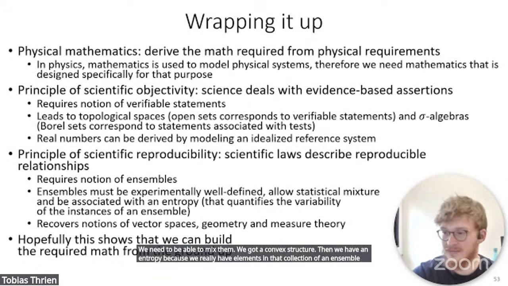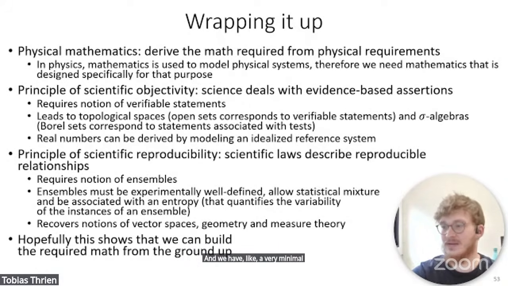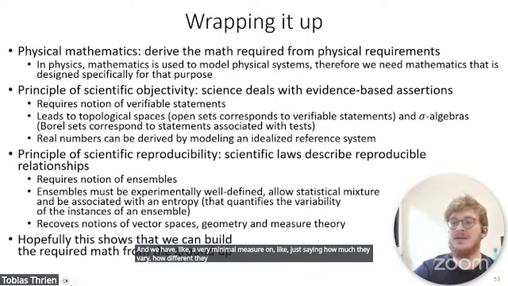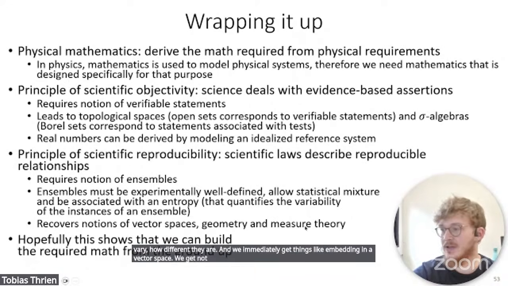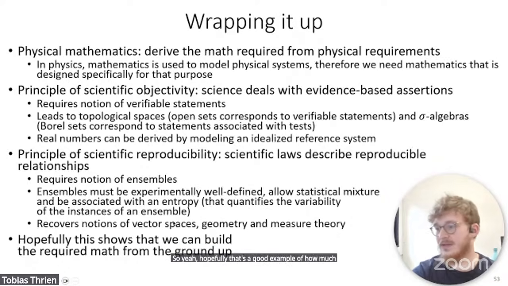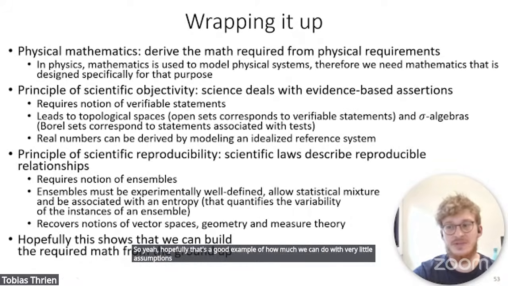We have a very minimal measure, just saying how much they vary, how different they are. And we immediately get things like embedding in a vector space, we get notions of geometry and measure theory just with that. So yeah, hopefully that's a good example of how much we can do with very little assumptions, starting from scratch. So with that, we can go to questions.